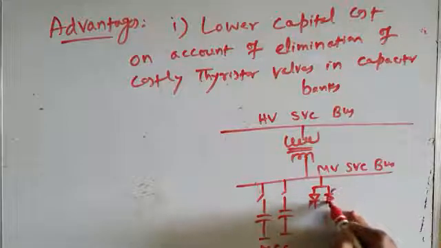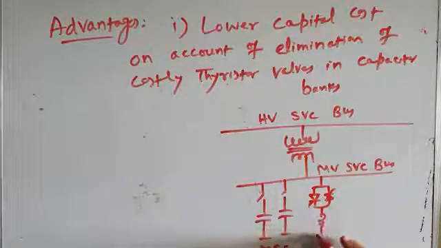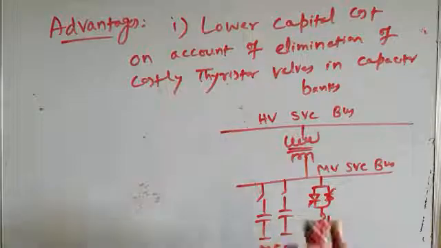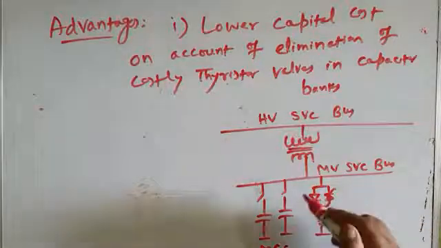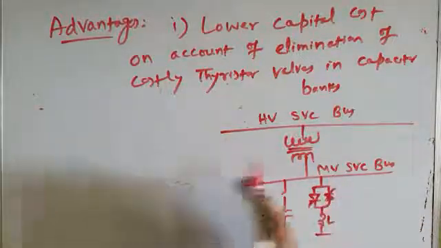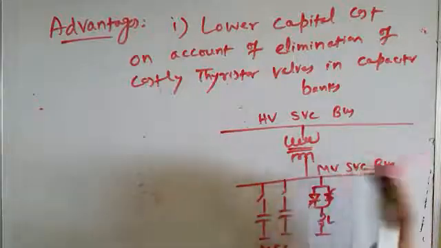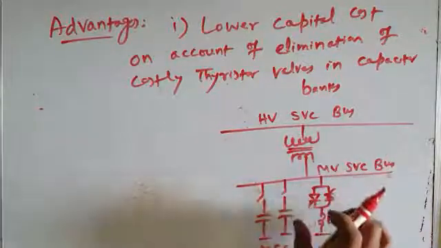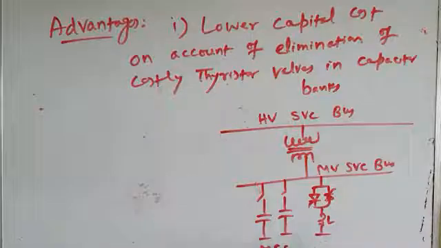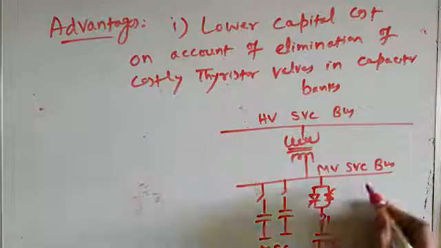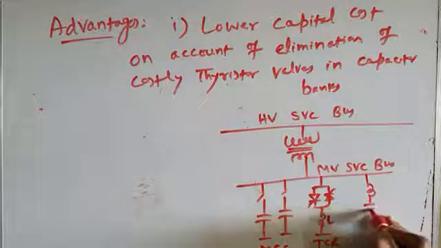Let me tell you, this is basically not a single TCR, it's a segmented TCR. One TCR and many TSRs are connected in parallel. Because of the non-availability of space, I am showing just one TCR, but actually it is a segmented TCR. So let me write TCR here, and then we have the harmonic filter like this.